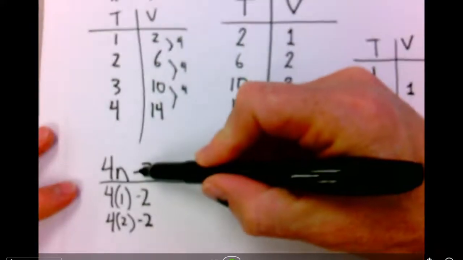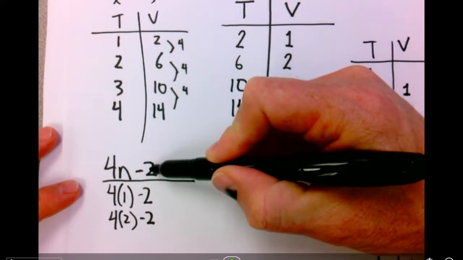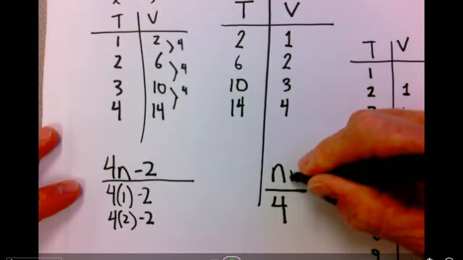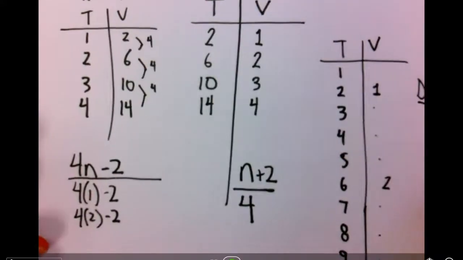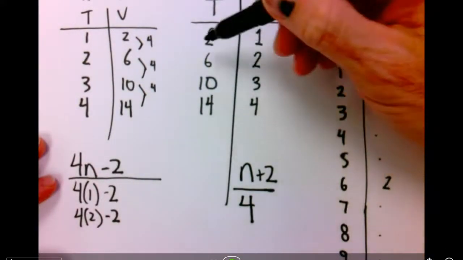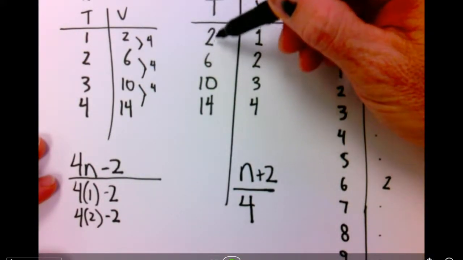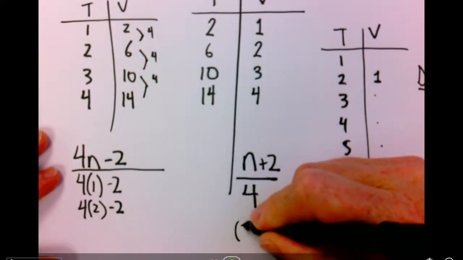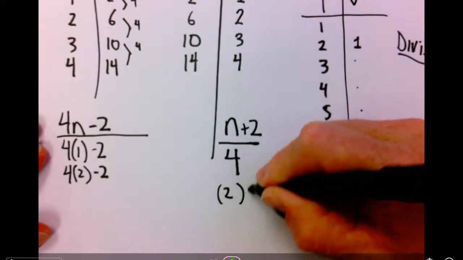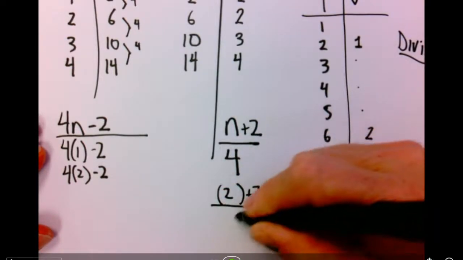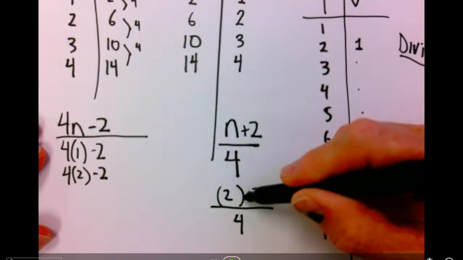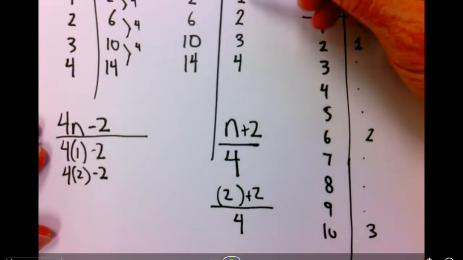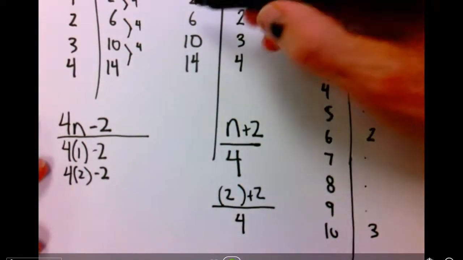The opposite of negative 2 is positive 2. Let's try and see if it works. So if I put 2 here, I have 2 plus 2 over 4. Well, I get 4 over 4. It gives me 1.